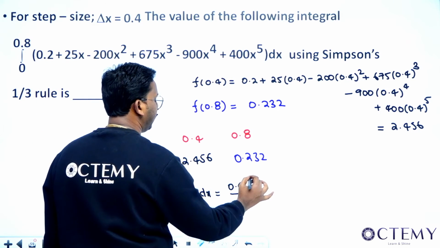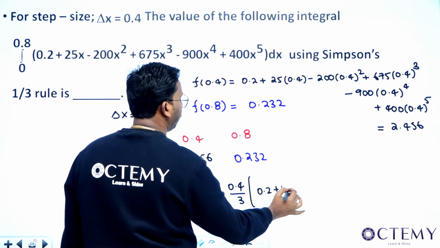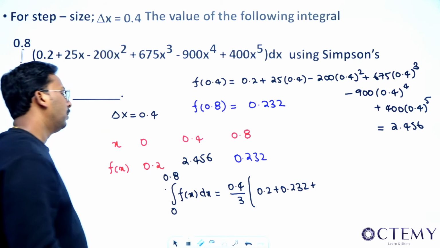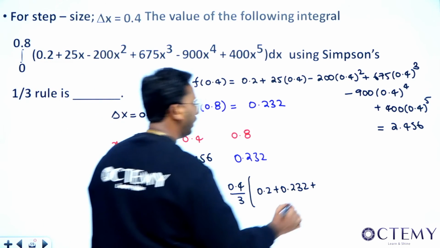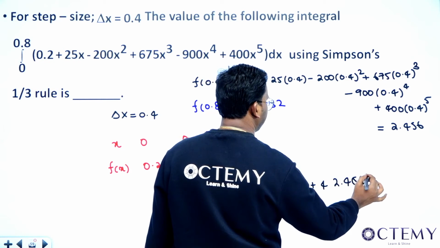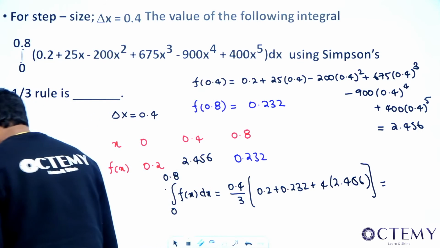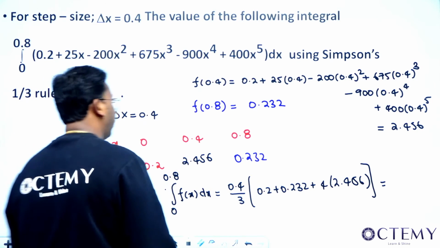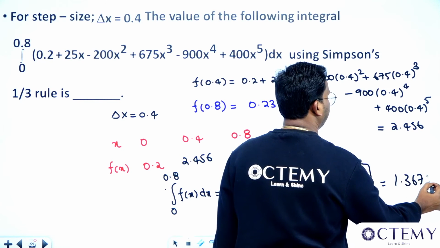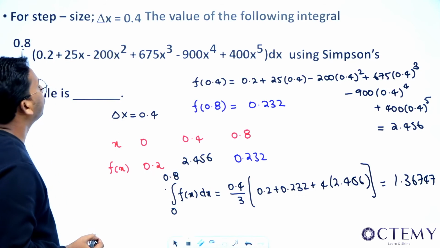So 0.4 divided by 3, first value plus last value, 0.2 plus 0.232, plus 4 times 2.456. If you calculate this, you will get 1.36747. Very good. So this is a question.